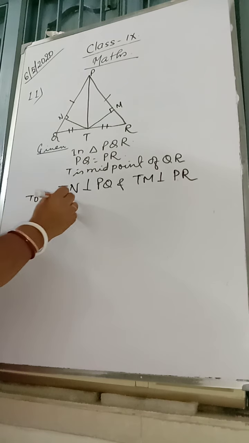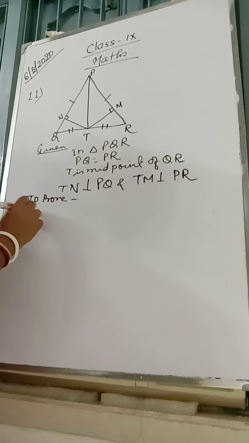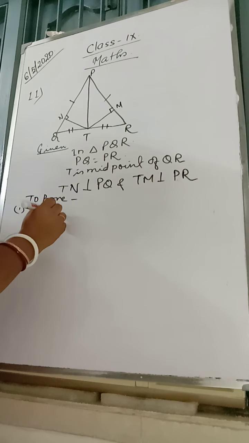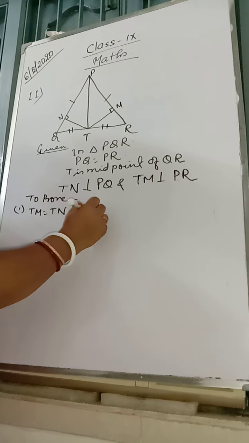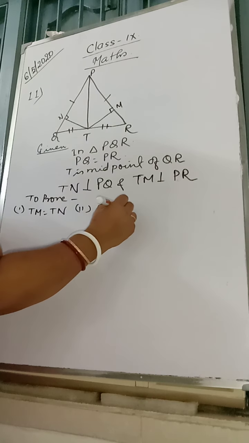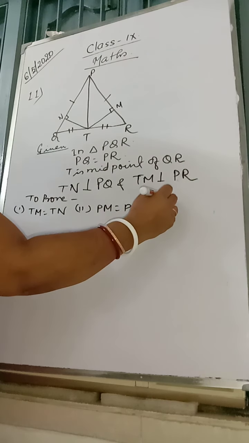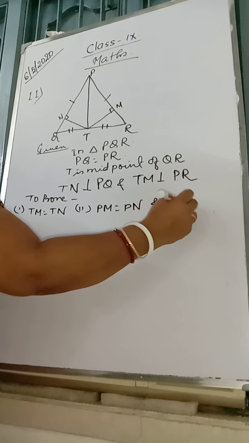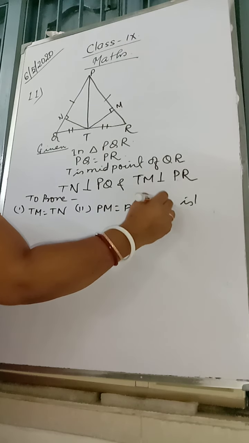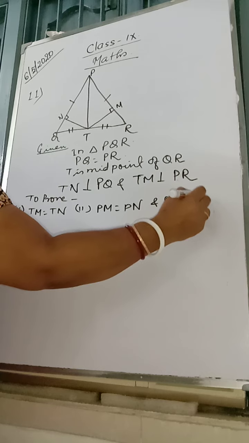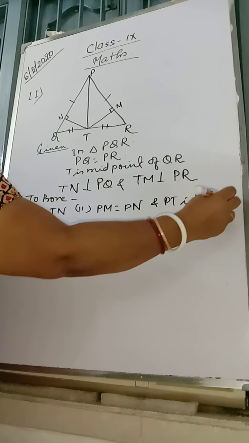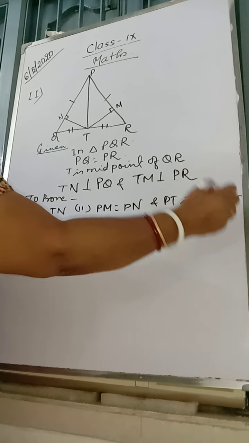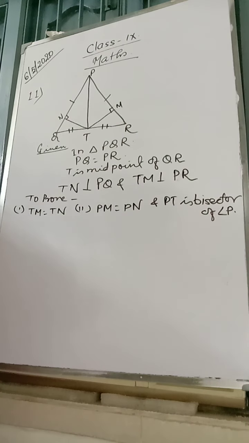To prove: TM is equal to TN, PM is equal to PN, and PT is a bisector of angle P. Okay. Now, first we have to get to number 1.